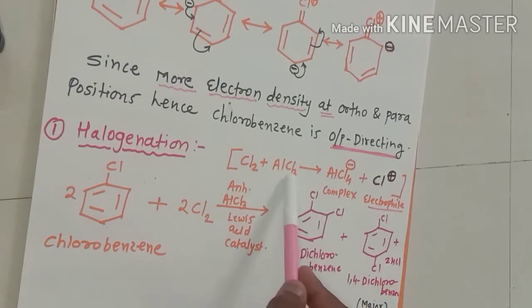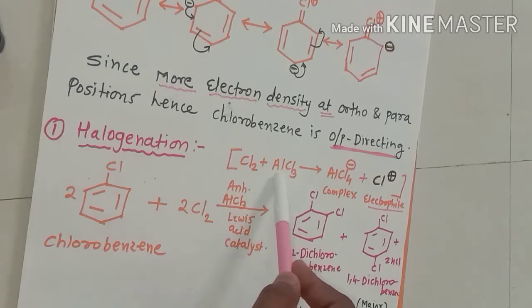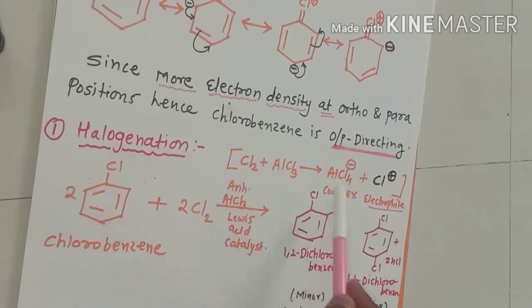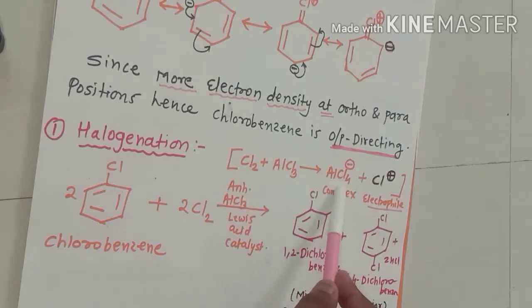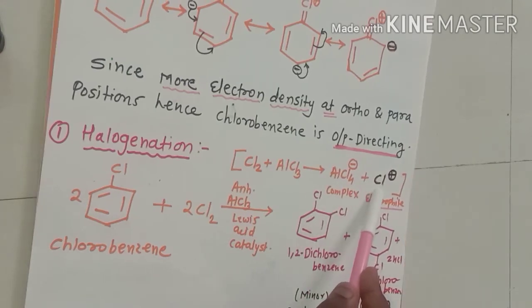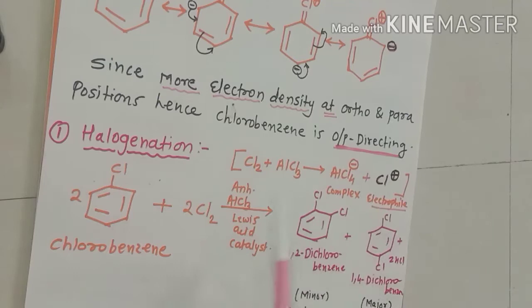Since AlCl3 is a Lewis acid, the central atom Al has an incomplete octet, only 6 electrons, so it accepts one chloride ion from Cl2 to form the AlCl4 minus complex, and the octet of aluminum is completed and the chloronium ion electrophile is formed.